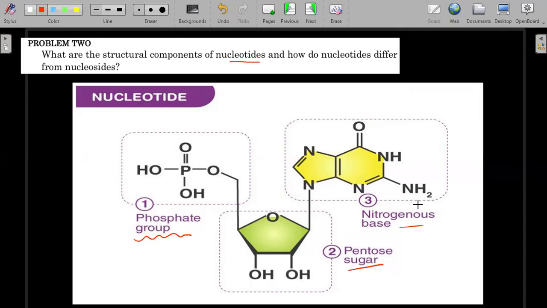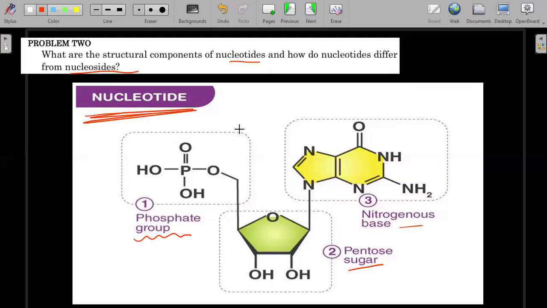The pentose sugar is a 5-carbon sugar, which can either be ribose when you talk about RNA, or deoxyribose when you talk about DNA. The nitrogenous base is a nitrogen-containing base, which can be a purine or a pyrimidine. The difference between a nucleotide and a nucleoside is just the presence of the phosphate group.